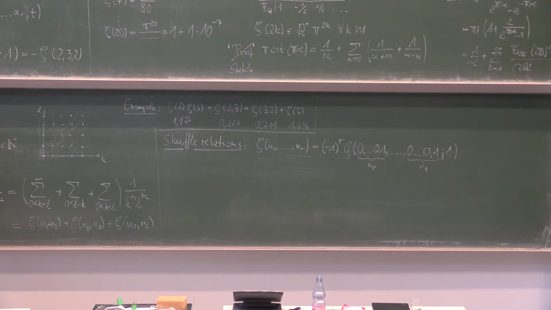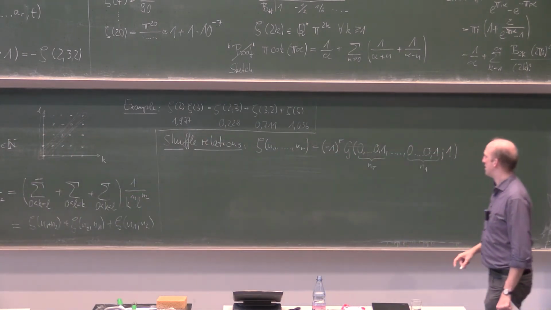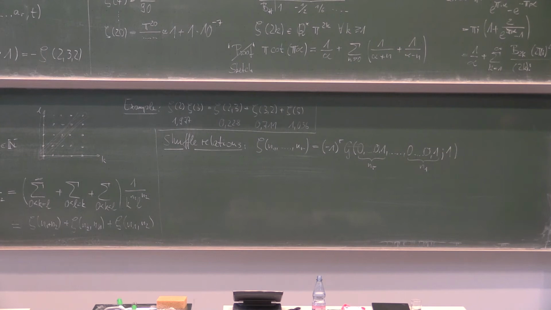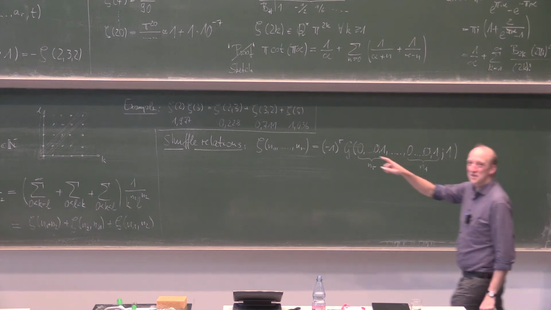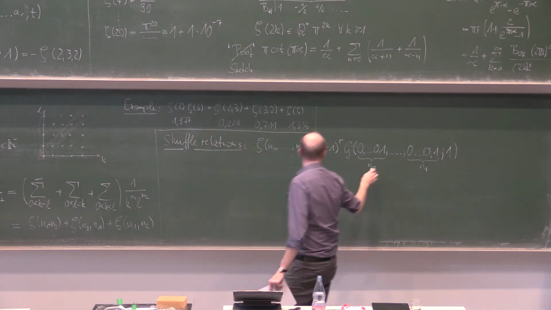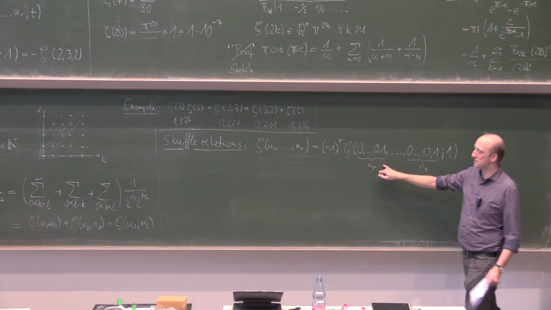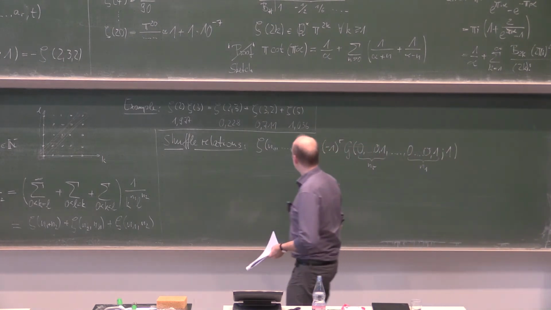So we can look up here. Here we have 2, here we have a 3, and here we have a 2 again. And I made a comment about the fact that I used a symmetric zeta here. So in that case, it is important to note that the last index of the zeta value is on the first position of these G's.